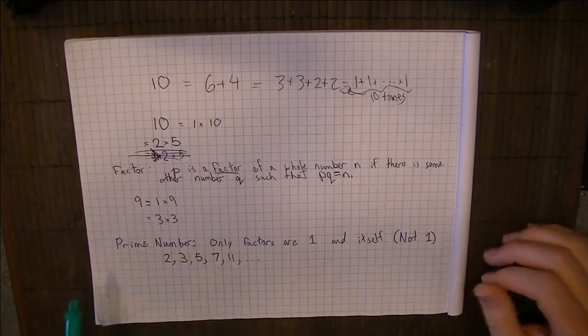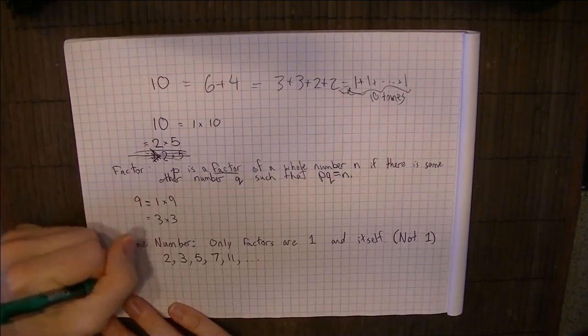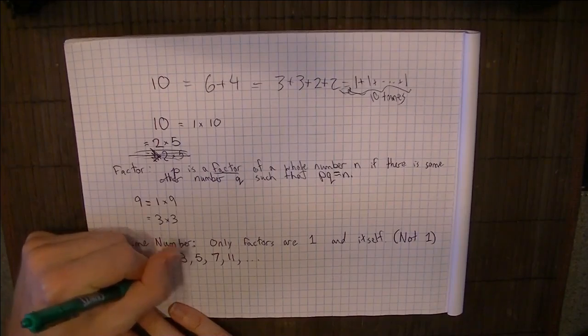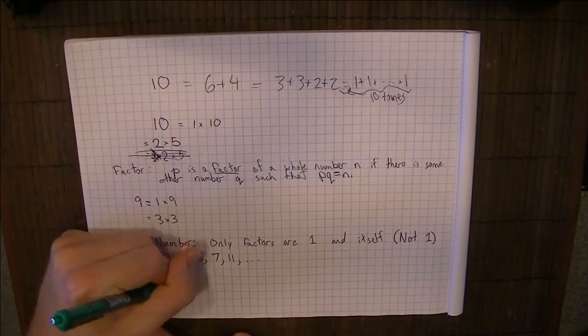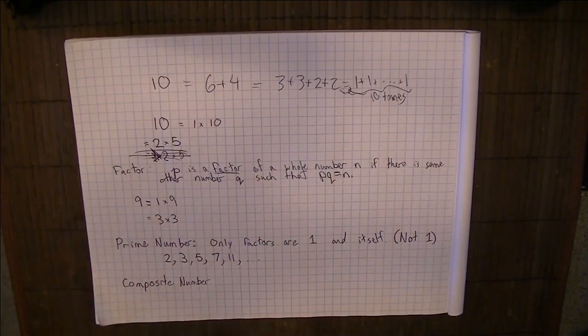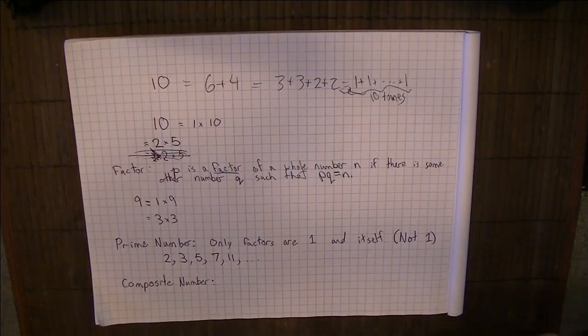But every other type of number is called composite. So the composite numbers, those are the numbers that have more factors than prime numbers.